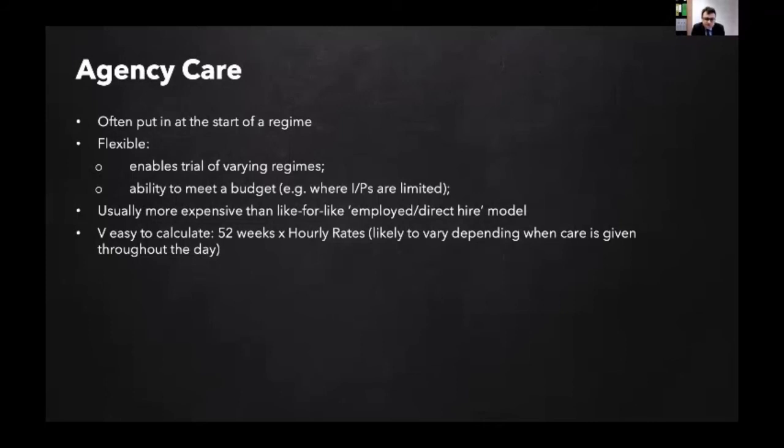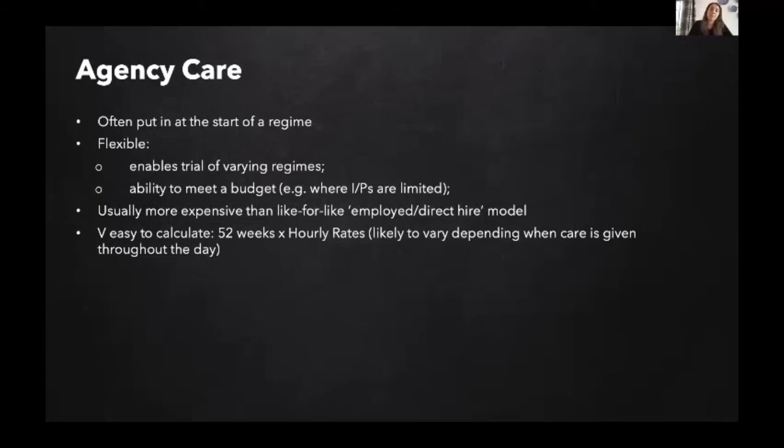Or in certain circumstances, such as a case I had recently, I had a claimant with particularly profound behavioural issues. And to be frank about it, it was very difficult for those carers to remain in post long term, because the job was difficult and stressful for them. And so in those circumstances where you need a high turnover of rolling care staff, an agency model can on occasions be appropriate.